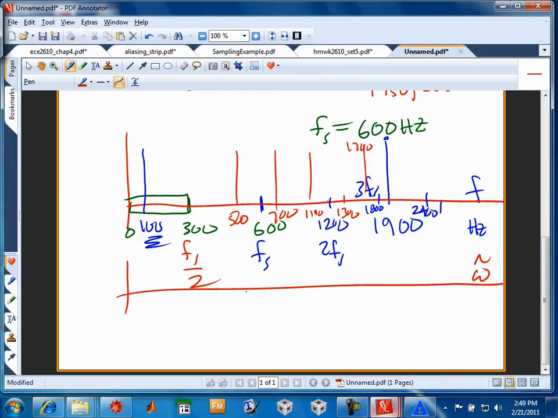At the sampling rate I have 2 pi, the folding frequency I have pi. Remember, fs over 2 corresponds to pi. And of course all the multiples are in here. So 1200 is 4 pi, 1800 is 6 pi, and so on. So we could have viewed everything in terms of the omega hat axis if you'd wanted to.